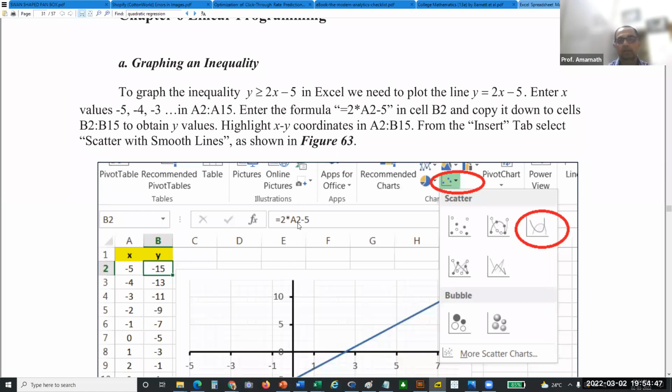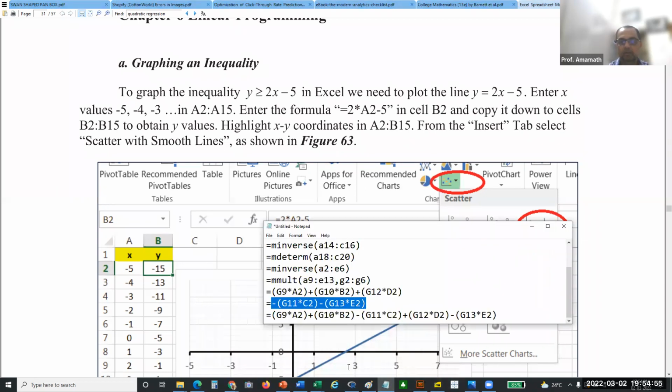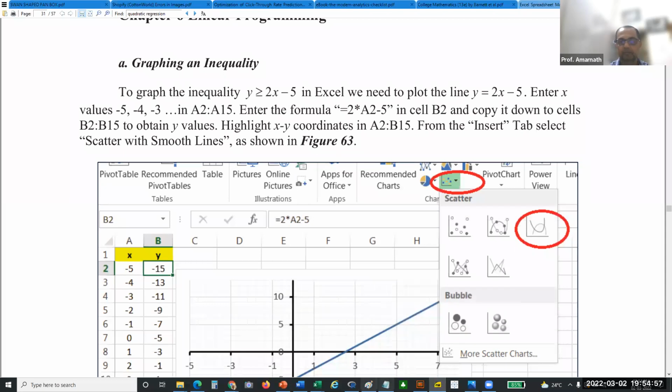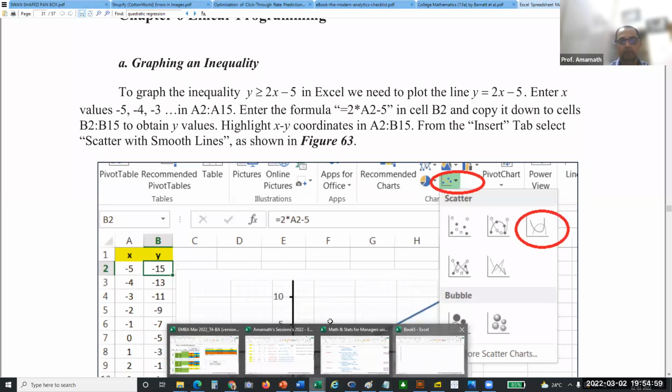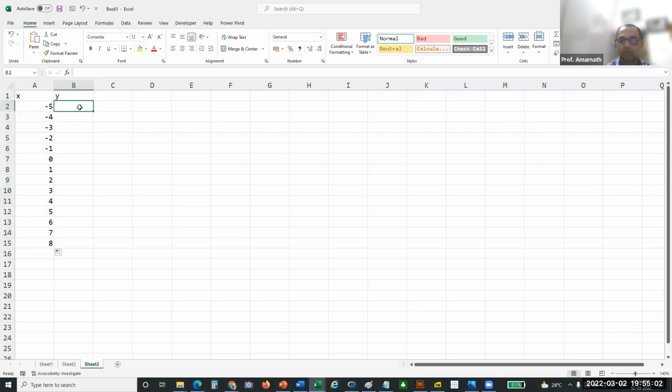Enter the formula 2 multiplied by A2 minus 5. That's what we need to do. Minus, that is 2 multiplied by A2 minus 5.